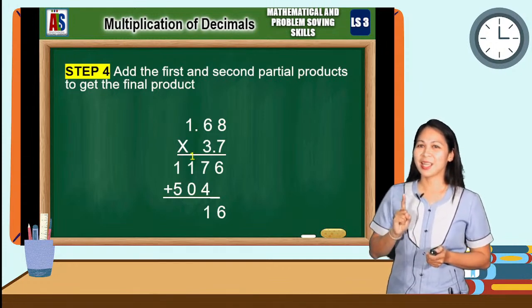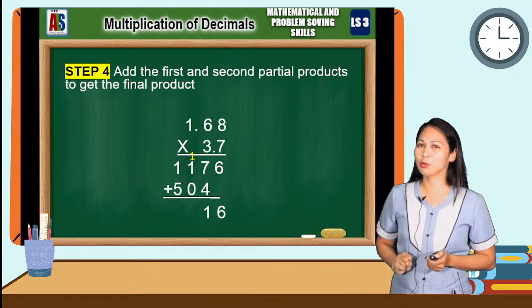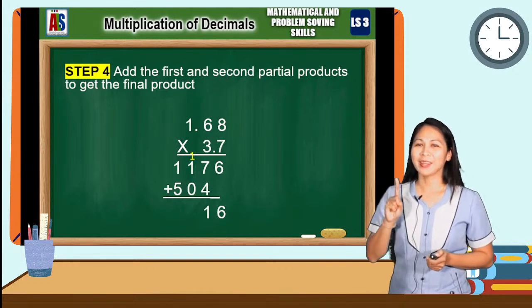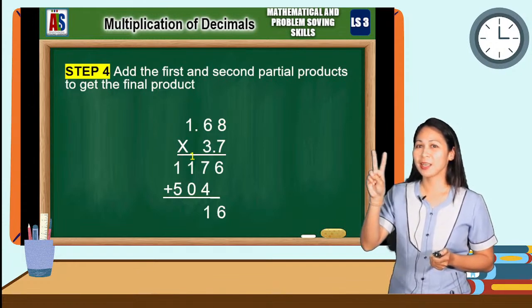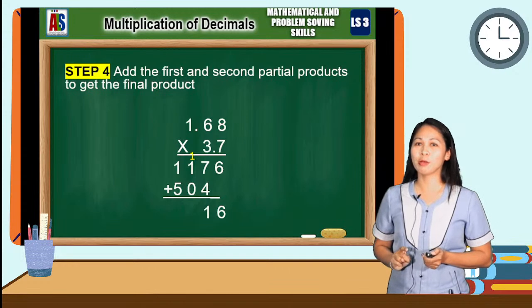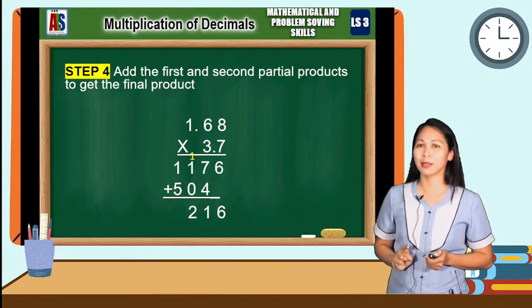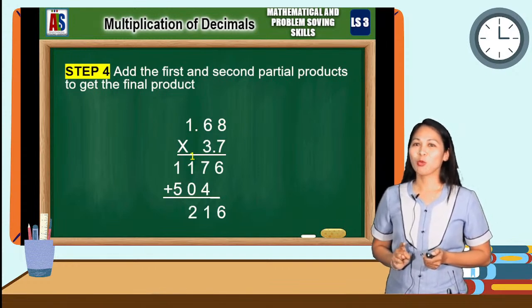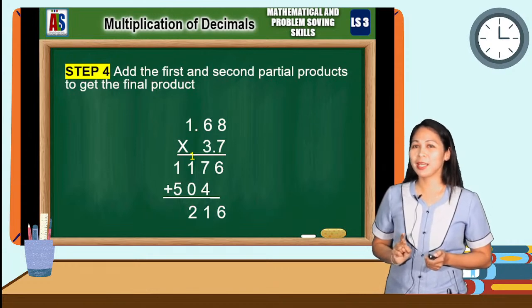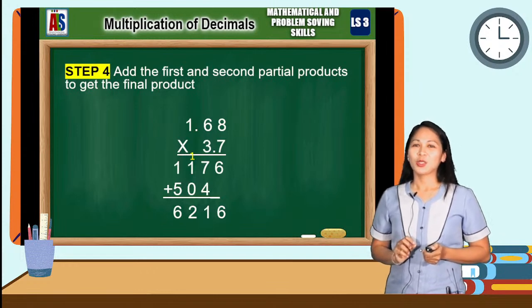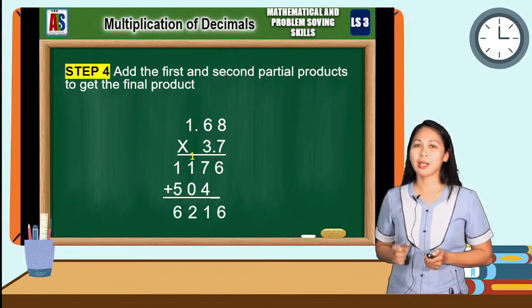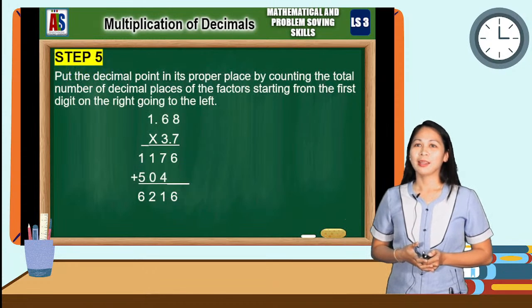Now, let's add 1 plus 0 is equal to 1. Add 1, that was regrouped. So, 1 plus 1 is 2. Write 2 below the column of 1 and 0. Next, add 1 plus 5 is 6.